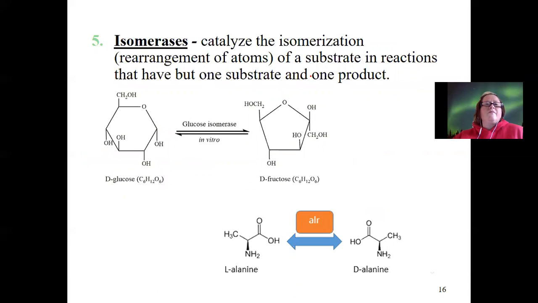Isomerases change the way that a molecule is built, so it just rearranges the atoms. One way that this can happen is glucose, the right-handed version of glucose in our body, or in foods or anything like that. Using glucose isomerase, we can change that into fructose.